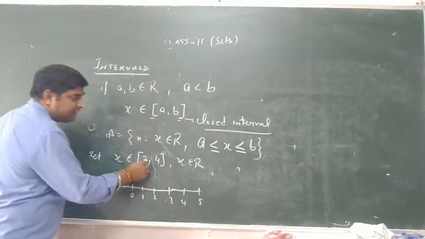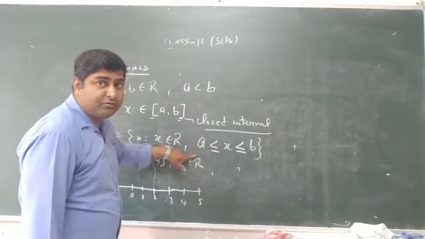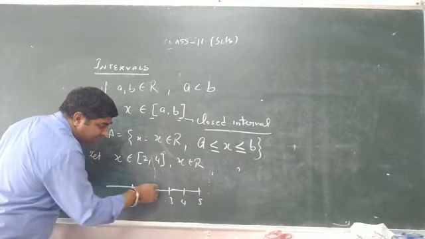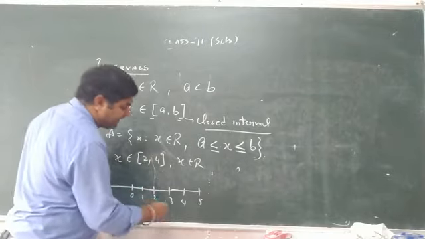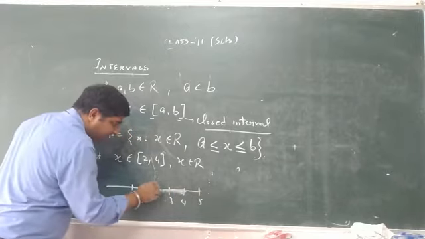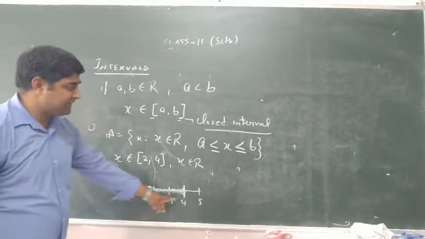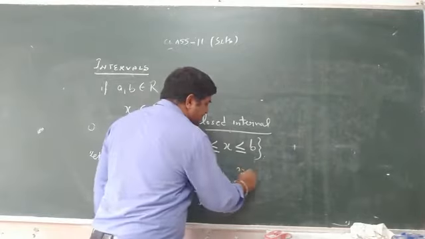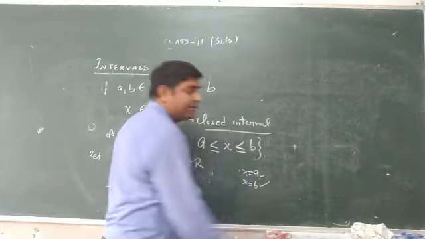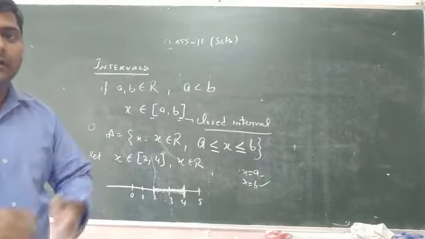Since we can take the value of X greater than or equal to 2, X greater than or equal to 2 means it can be equal to 2, and less than or equal to 4. So we darken this line. 2 and 4 are also included in this. It means X equal to A, X equal to B can also be taken. That is the meaning of closed interval.